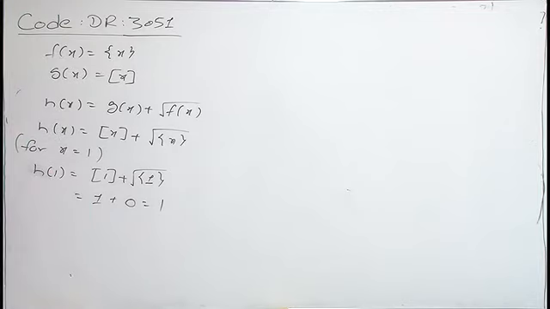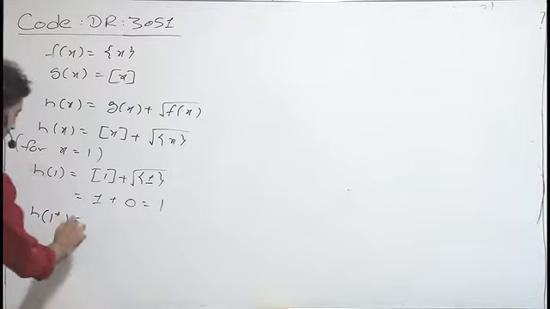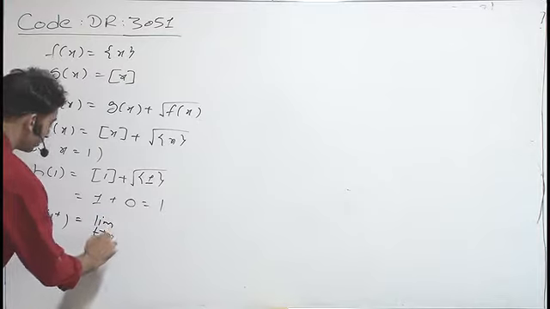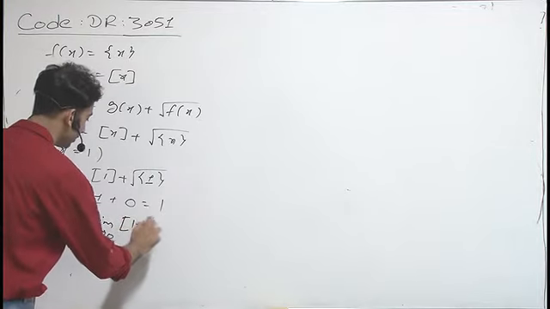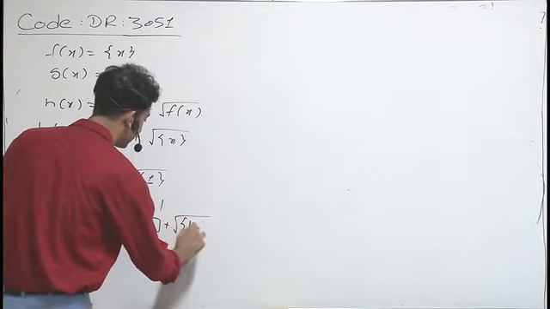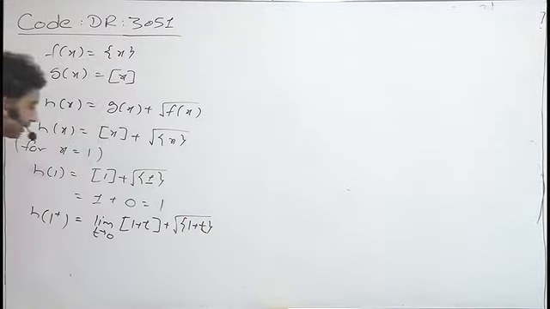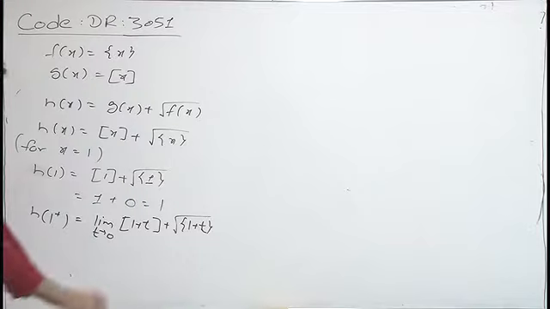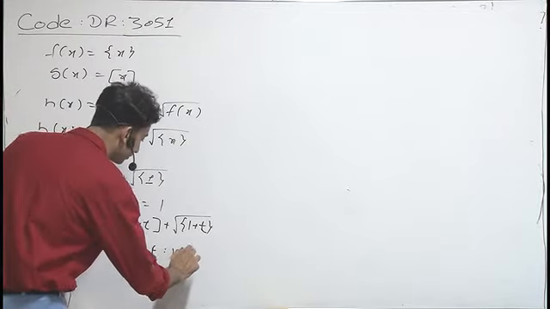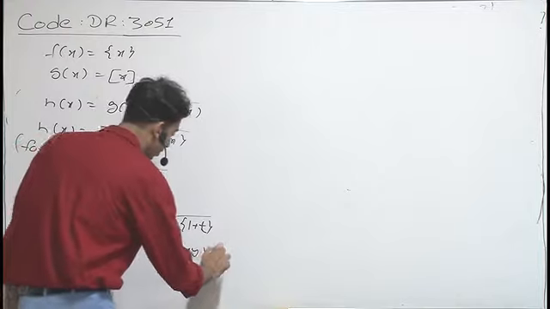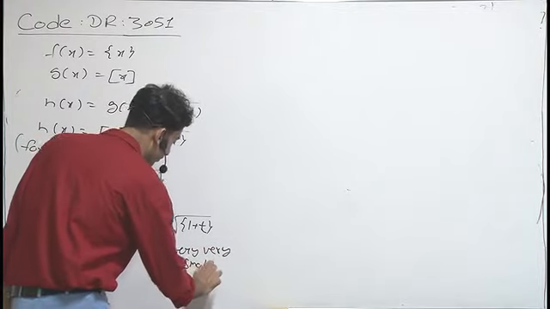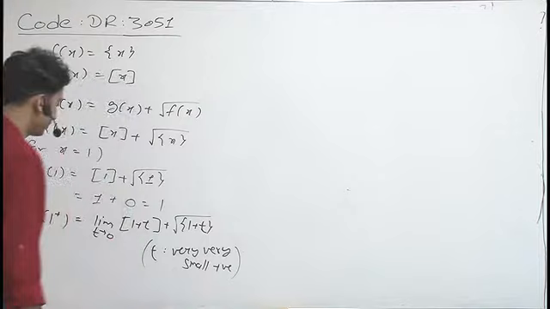Now we'll check left hand limit and right hand limit separately, as the definition of fractional part or greatest integer function changes at x equal to integer. So for the right hand limit, limit t tending to 0, box of 1 plus t plus fractional part of 1 plus t. Here we are taking t as a very small positive quantity.